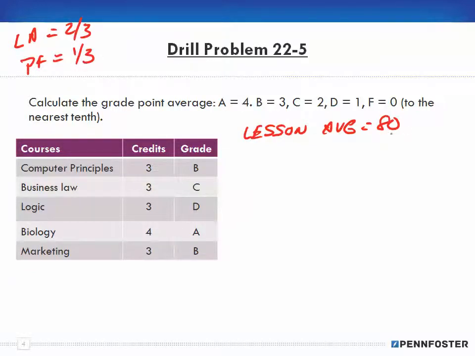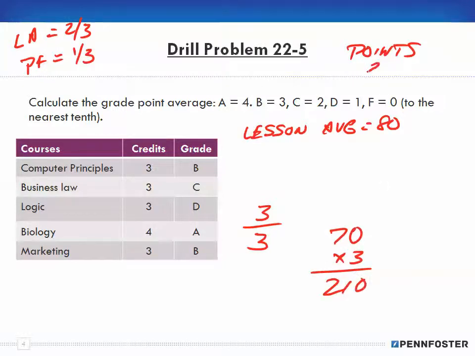Okay. So if your lesson average is 80, well, let's talk about how many. I like to think in terms of points. If your grade is made up of 3/3, and passing is 70, that means you multiply 70 by 3, which means you need 210 points in order to be able to pass the subject.